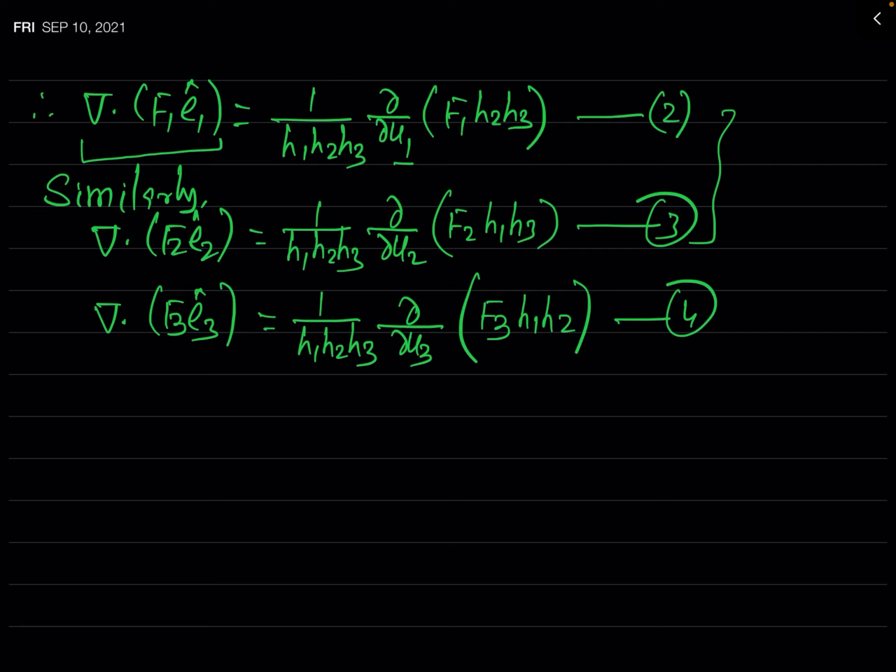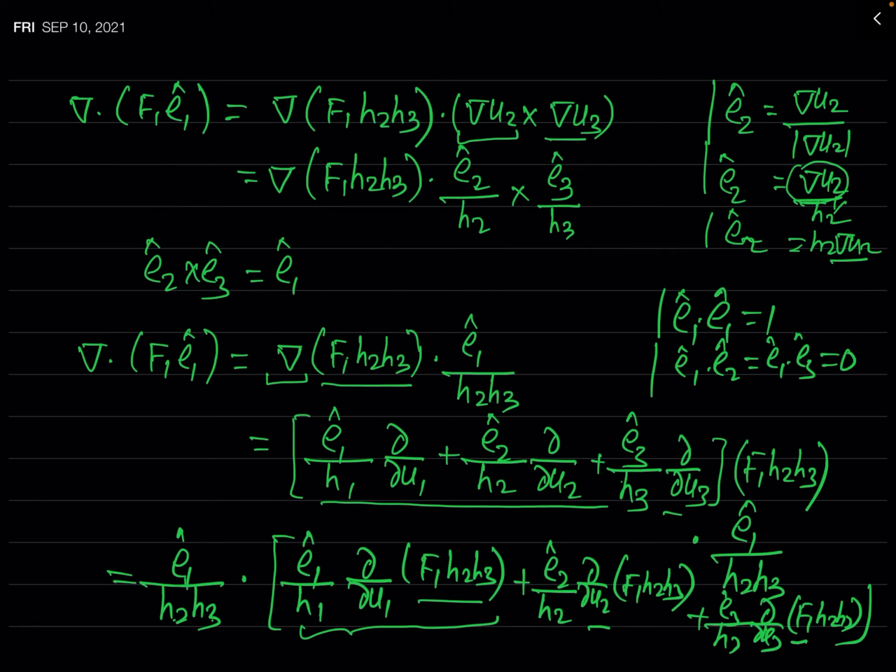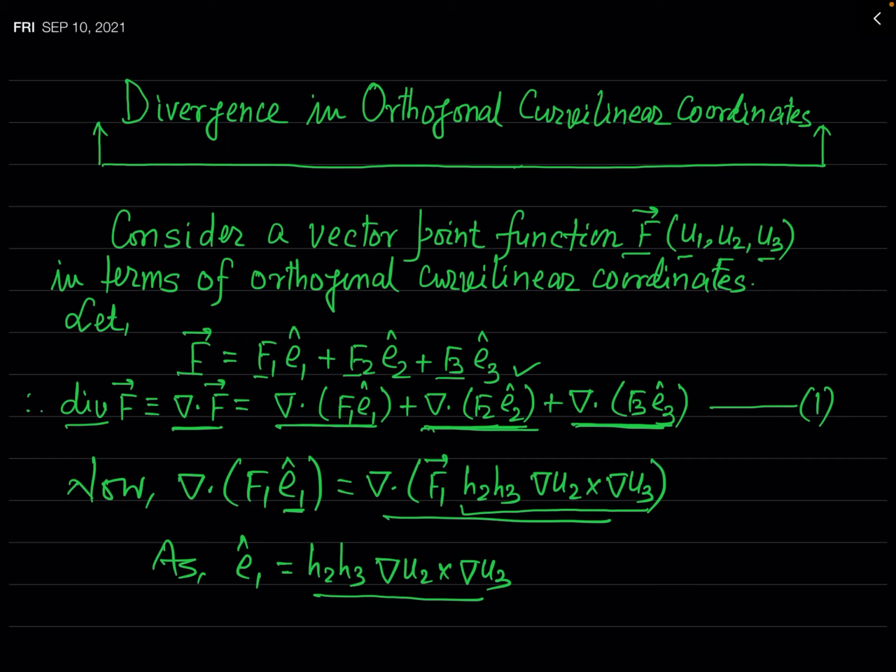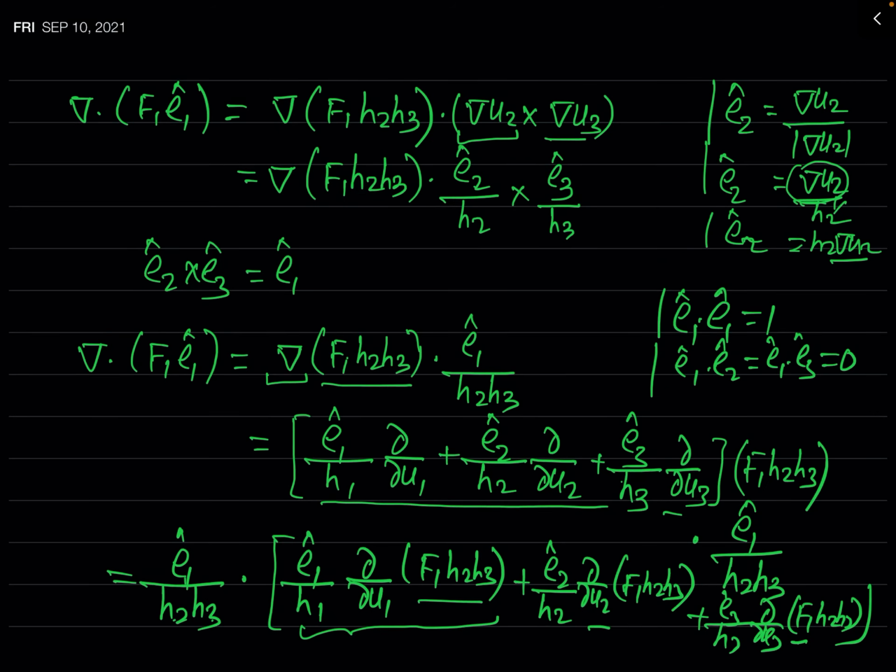So you can see we have evaluated these three quantities, and after knowing their values, when you put them in equation 1, you will get the value of divergence of f. So now let us substitute all those values in equation 1. See the equation. This is simply the sum of all those three terms.